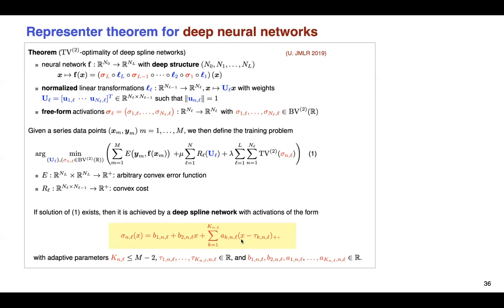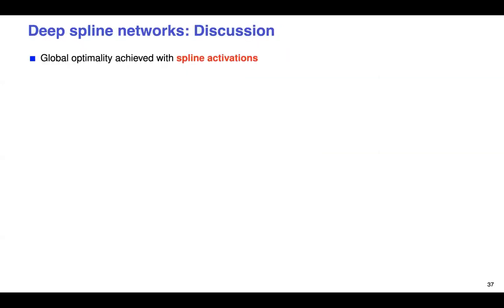Every neuron has a linear combination of ReLU functions. For people who know spline theory, this is a representation of a piecewise linear function with some knots. And so what does it tell us? It tells us that the optimal neural network has spline activation.